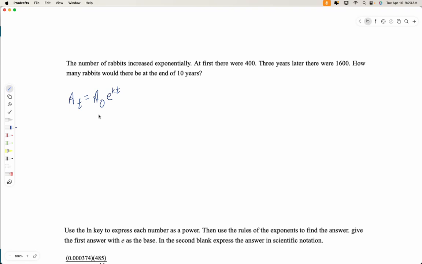So we are looking for that base of e. There it is, the practice problem for 115.